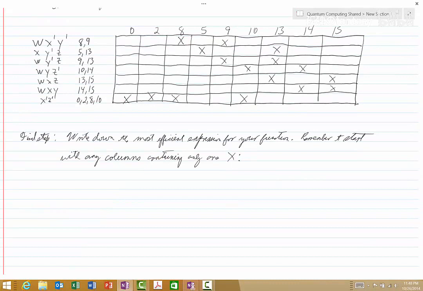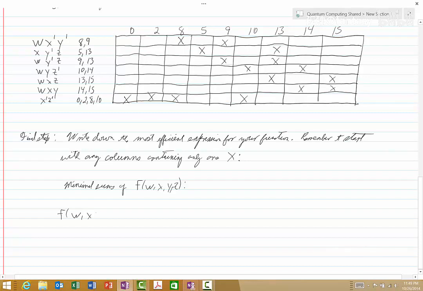So we're going to write down, and by the way, for those of you who are familiar with this terminology, what we're finding here is minimal sums of f of w, x, y, z. And so we'll have f of w, x, y, z is equal to x prime z prime.